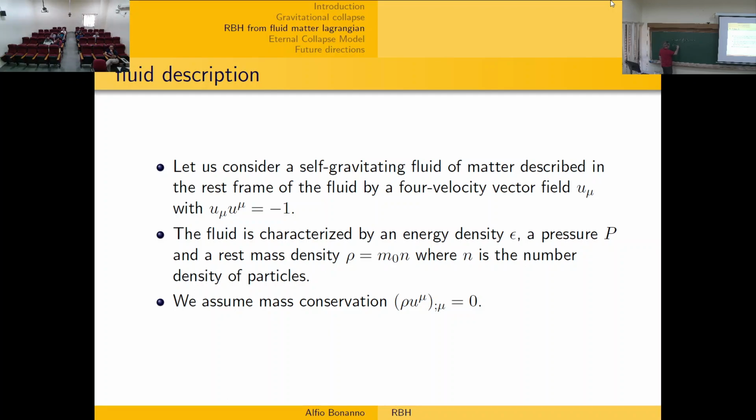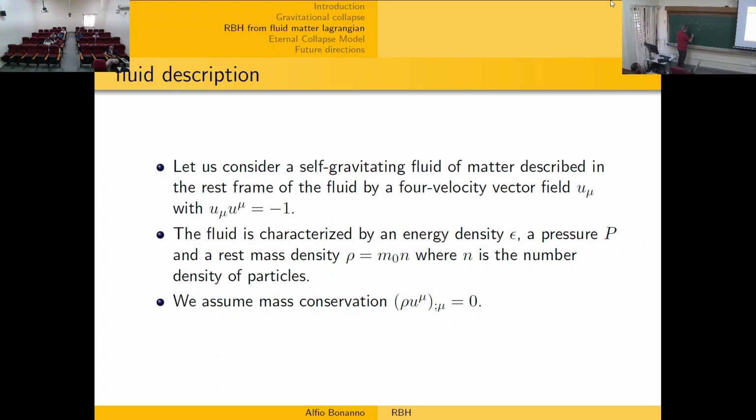What people have tried to do for many years is to replace this M with some M as a function of R, which is something like M0 R cubed over R cubed plus some constant, for instance, different from 0, so that when R is small, this is R cubed, and this gives you a de Sitter core.